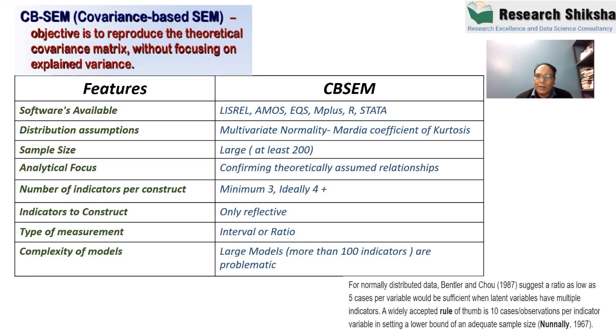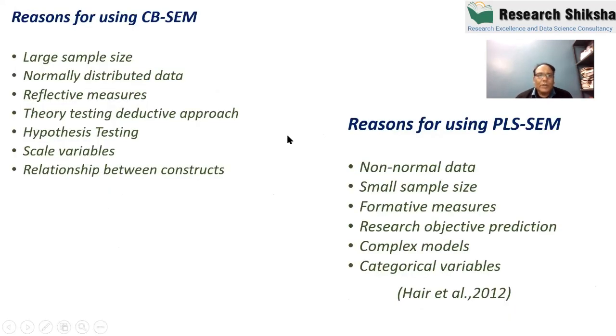Okay, so we have two types of structural equation modeling. One is known as covariance based structural equation modeling, and the second is known as partial least squares based structural equation modeling. The basic difference between them is that the focus of covariance based SEM is on the goodness of fit indices.